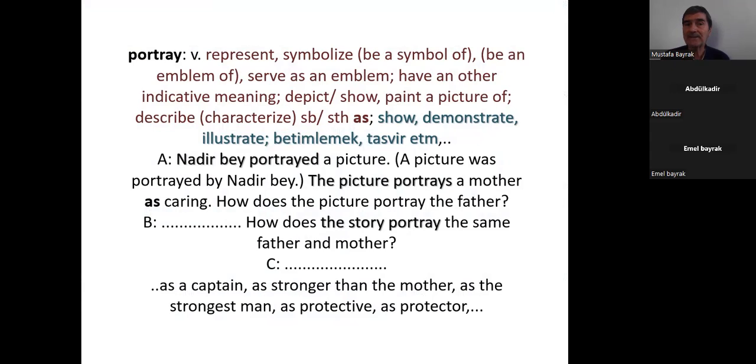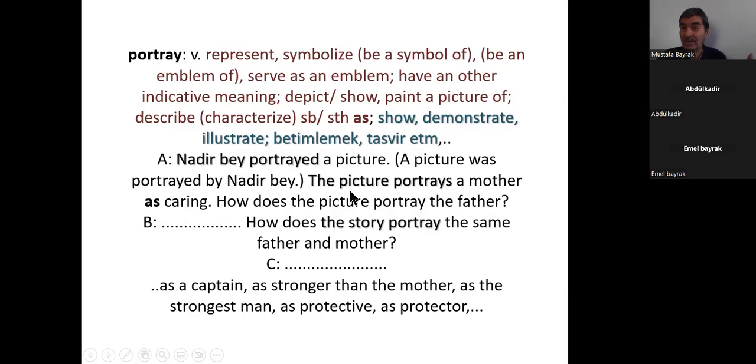Show, demonstrate, illustrate somebody or something as. For example, Nadir Bey portrayed a picture. A picture was portrayed by Nadir Bey. This is an active sentence, this is a passive sentence.